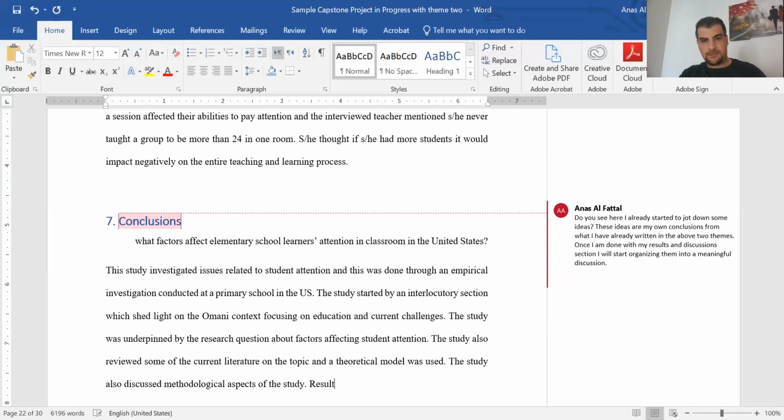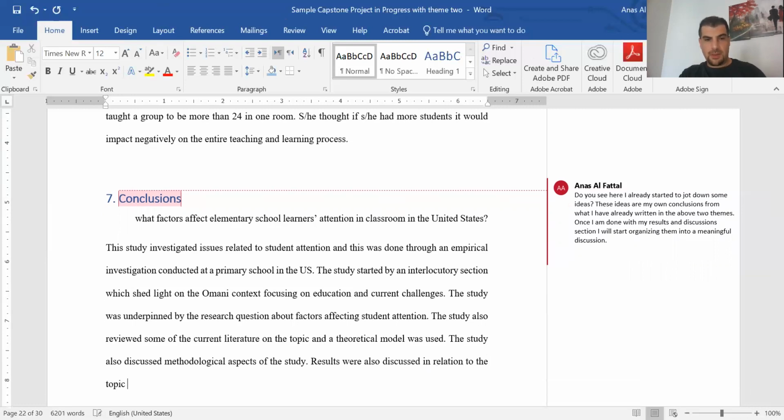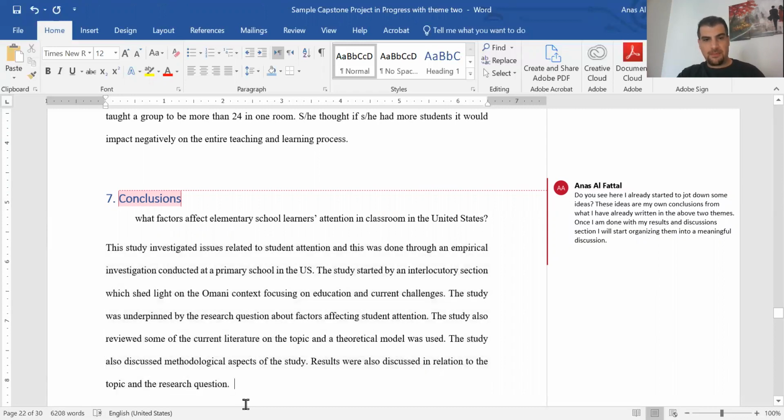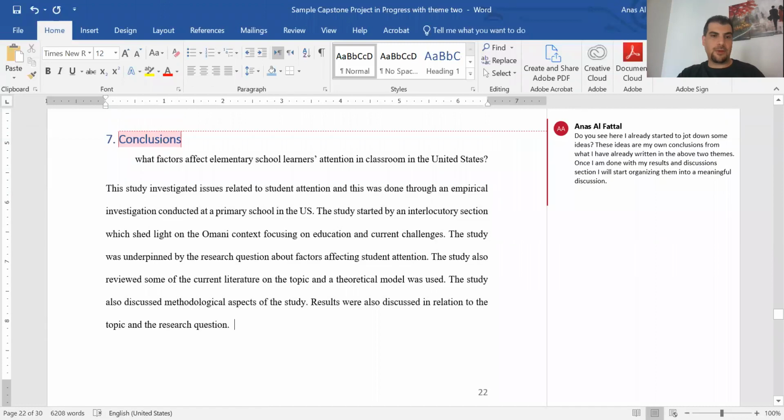Results were also discussed in relation to the topic and the research question. So you see, what I'm doing here is making an introductory part for my conclusion. Now I need a thesis statement for that part.